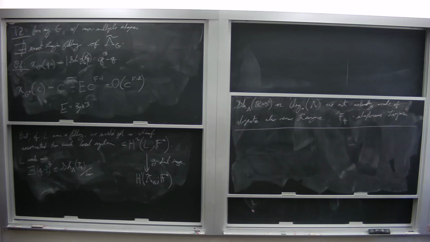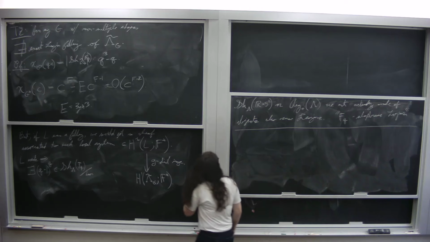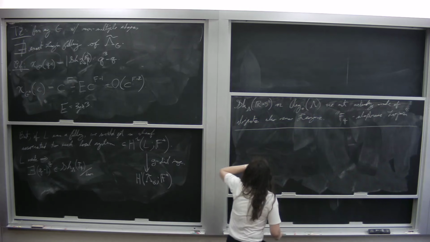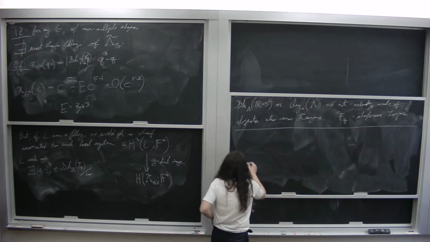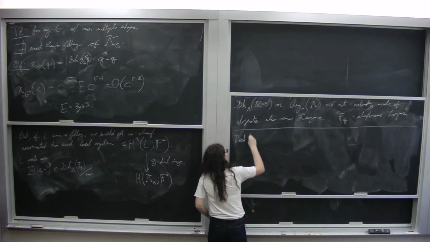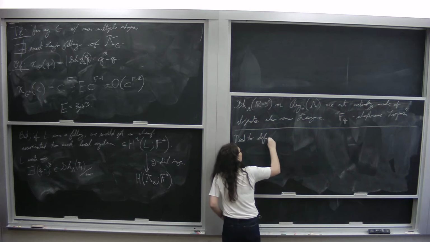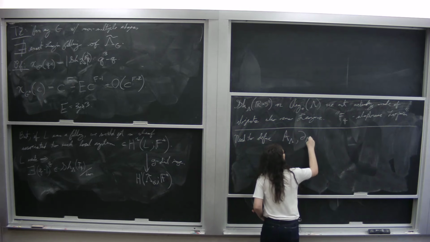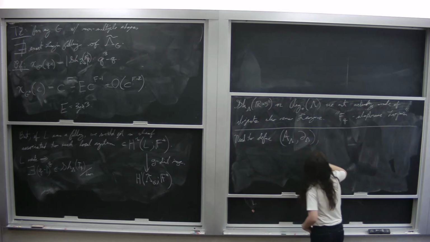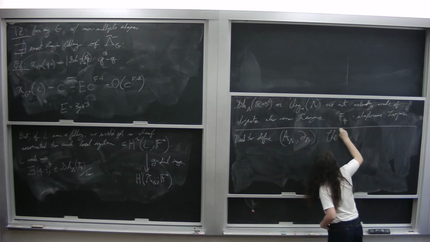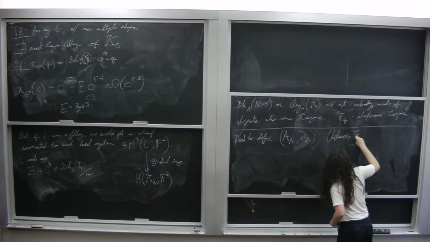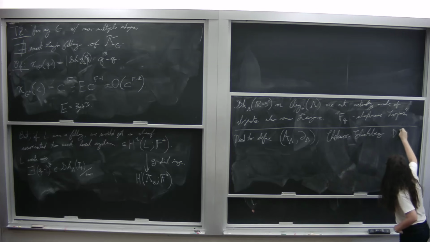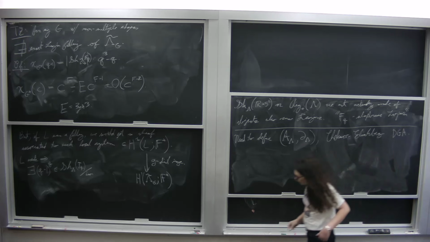Okay, so, all right. Now I want to talk about what this is. So we need to define maybe this A lambda del lambda, and this is something called the Chekanov-Eliashberg DGA.